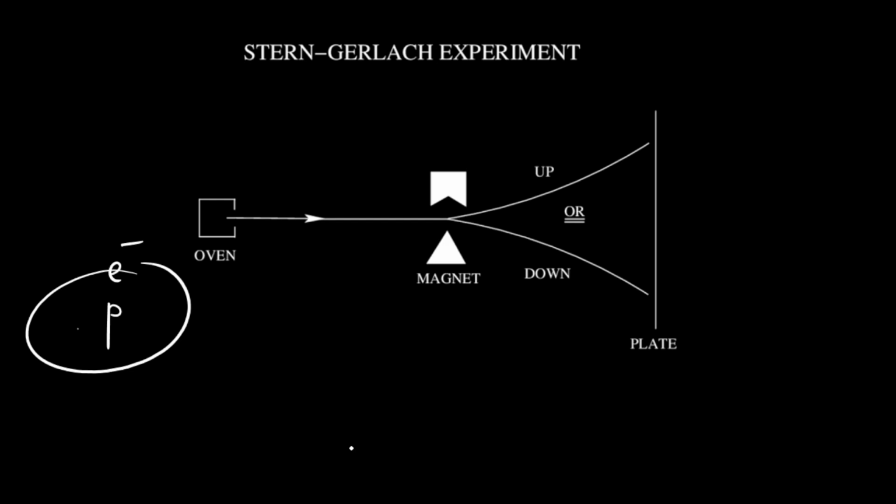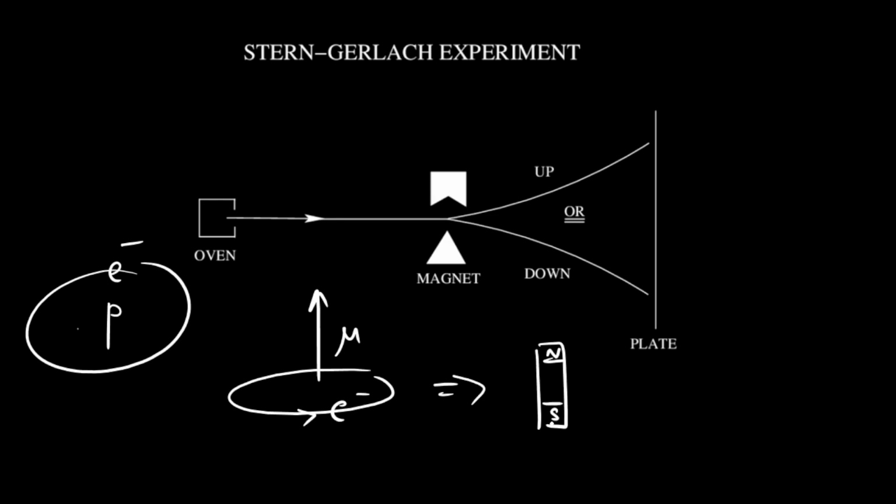Now we know an electron orbiting around the proton causes an electric current, which in turn creates a magnetic dipole moment, which is analogous to a tiny bar magnet. When these atoms with tiny dipoles are thrown into an external non-uniform magnetic field, they are deflected by the field.